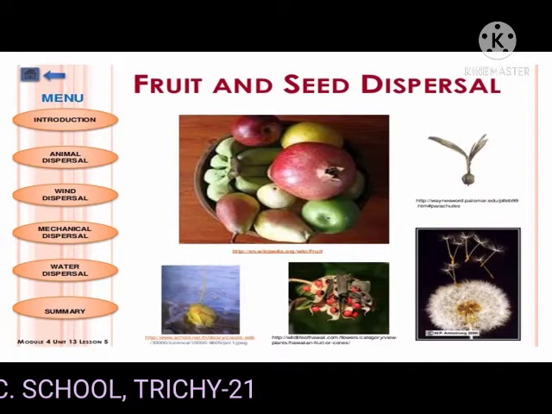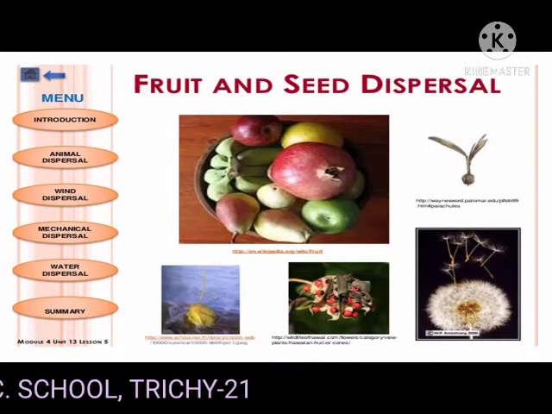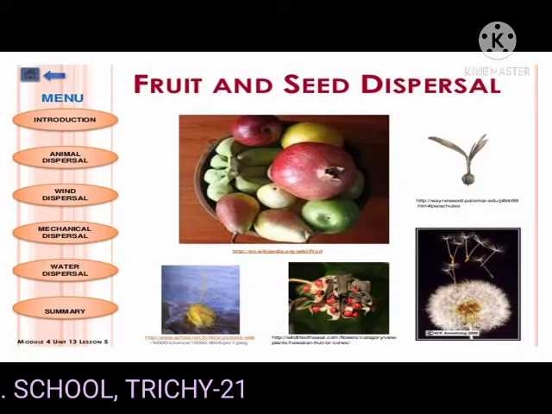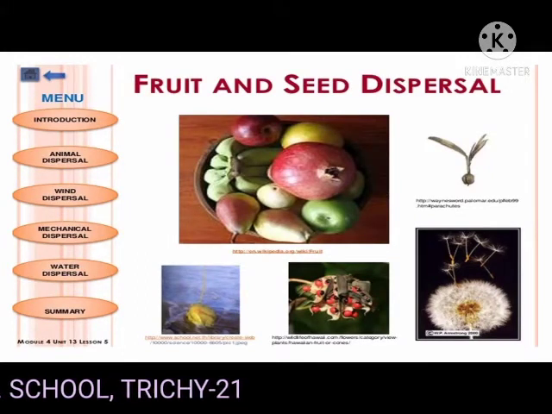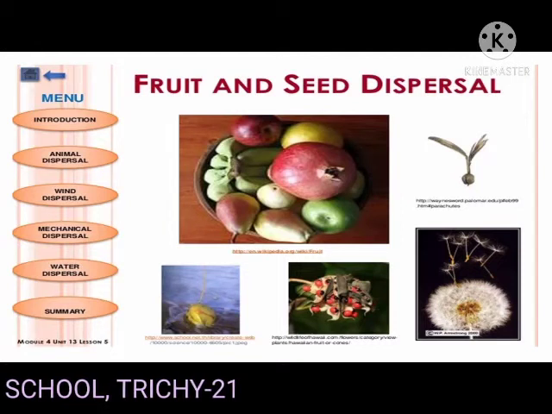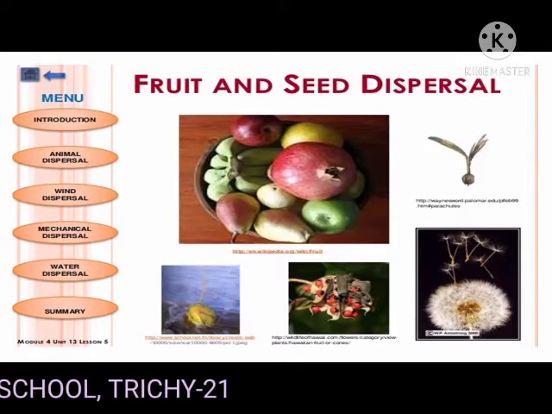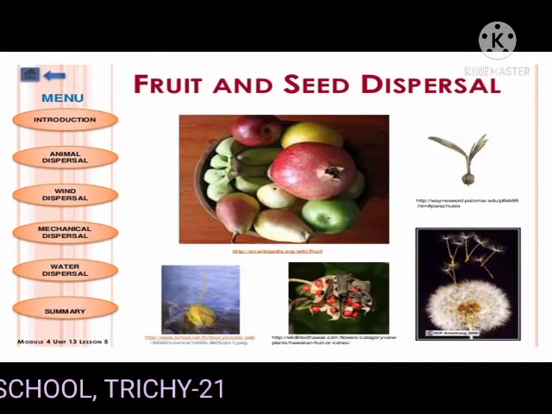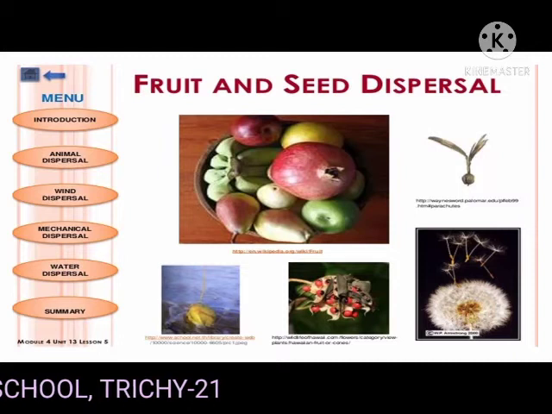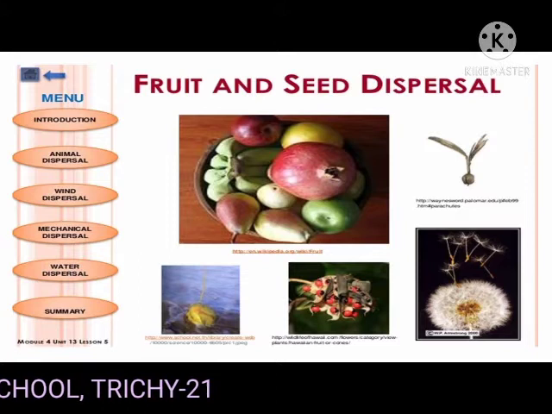Seed dispersal is a regeneration process of plant population and a common means of colonizing new areas to avoid seedling level competition and natural enemies like herbivores, frugivores. Frugivorous means the animal which feed on fruits, and pathogens.